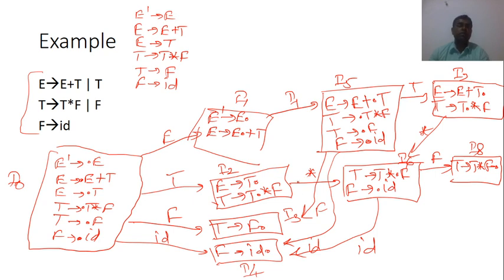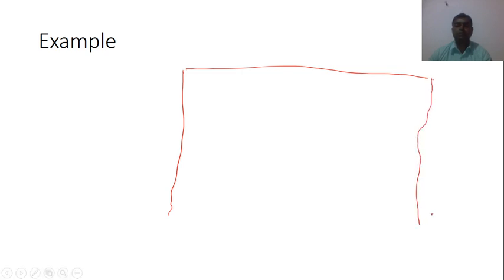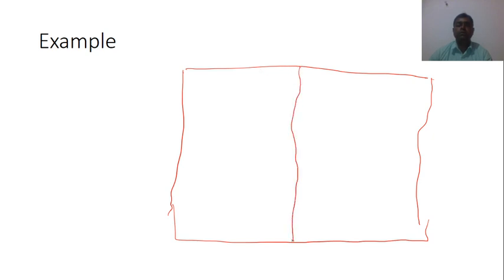Now our task is to construct the LR0 parsing table. Our parsing table is divided into two parts. One is the action table and another is the go to table.